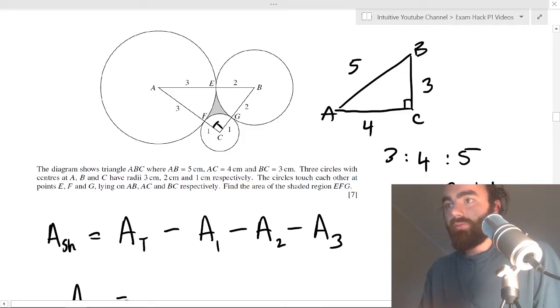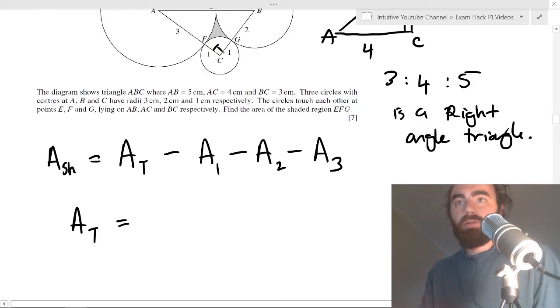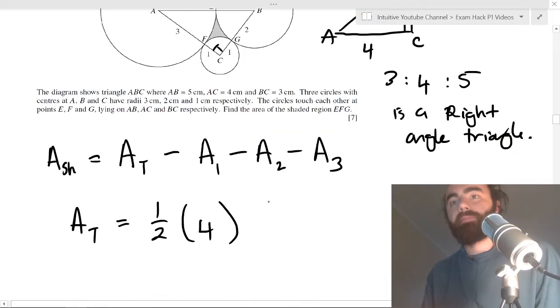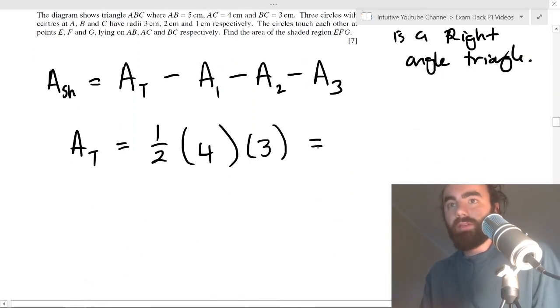So the area of our triangle is half base, which is 4, times height, which is 3. So that's just half of 12, which is 6.